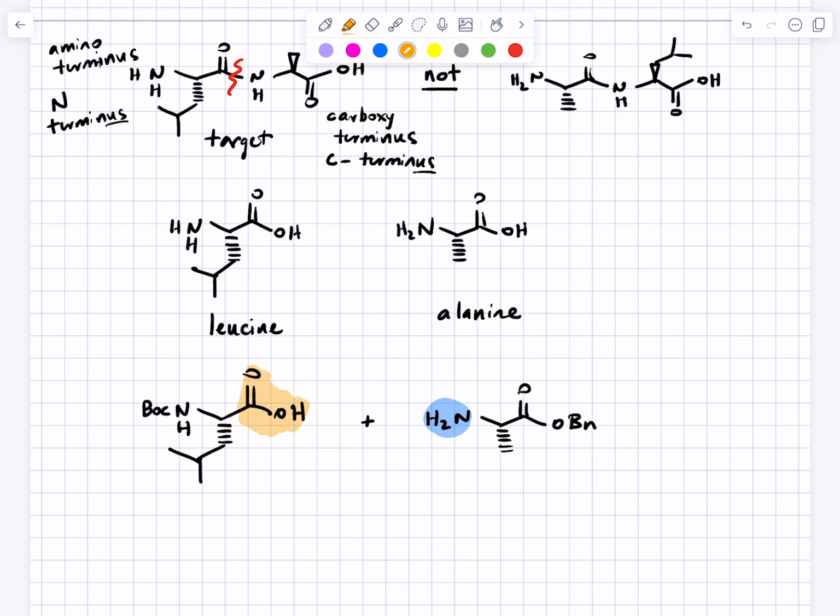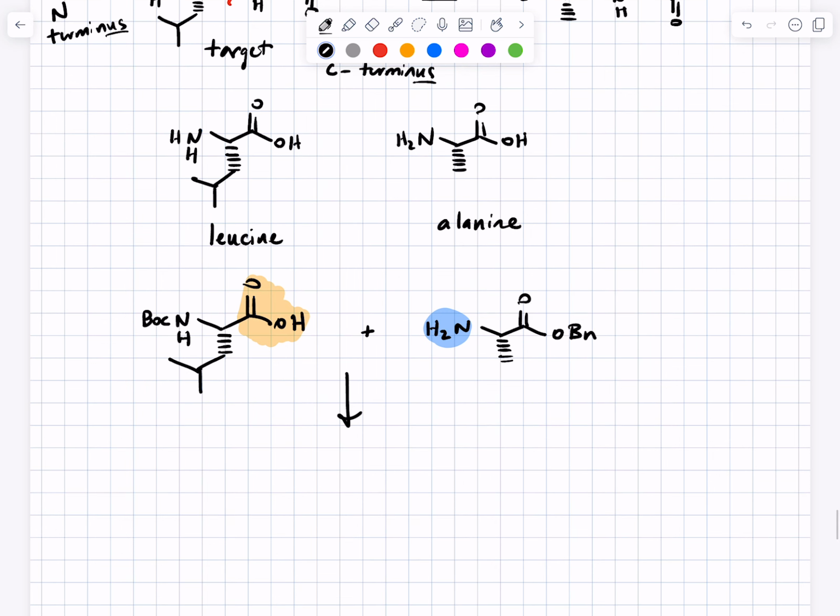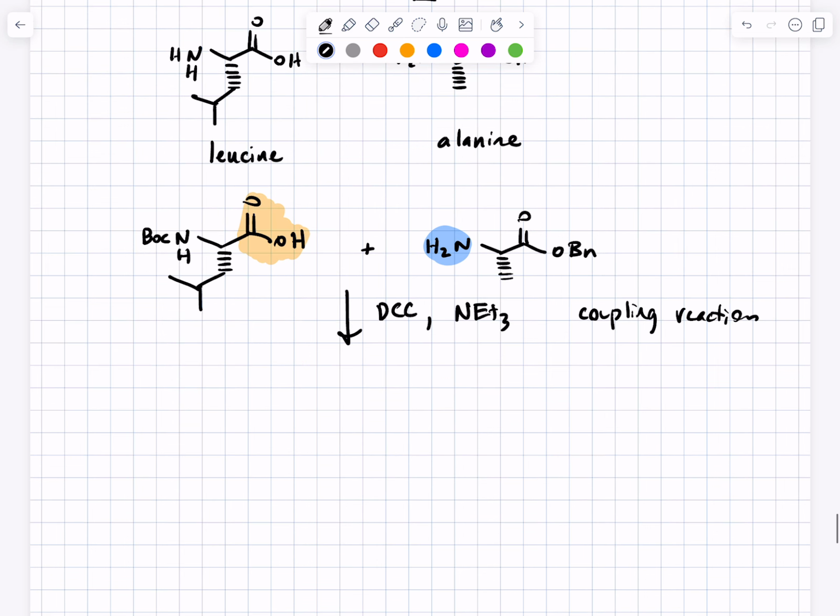I've used those protecting groups to control the one thing on leucine that can be reactive and the one thing on alanine that can be reactive, such that when I do the coupling reaction with DCC, a reaction that forms the amide bond, we'll call that a coupling reaction because it links these two things together.